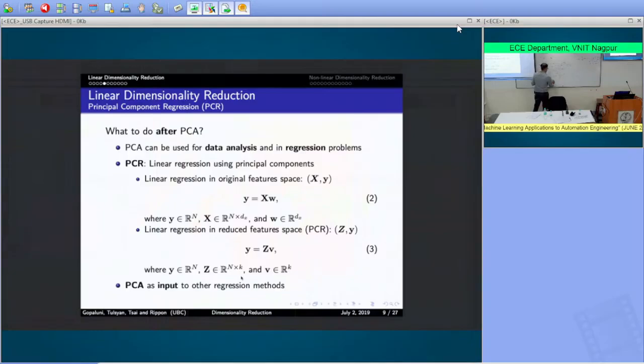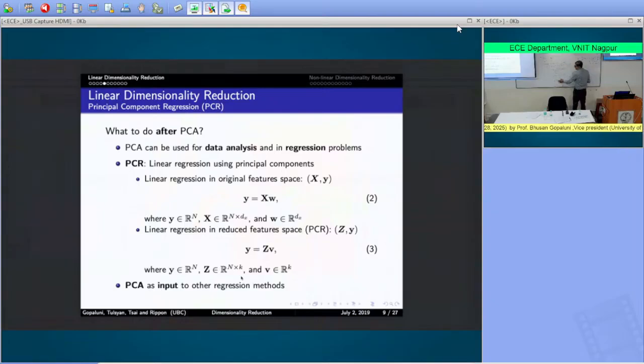Therefore you can simplify this further. 1 over n W, and this lambda square is a matrix of eigenvalues of the covariance matrix. Okay, so that's the covariance matrix.